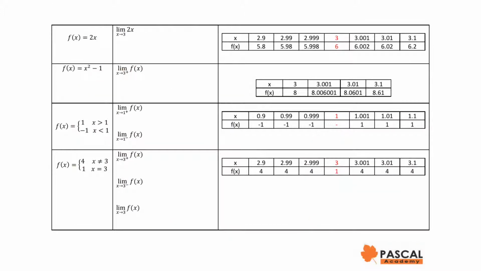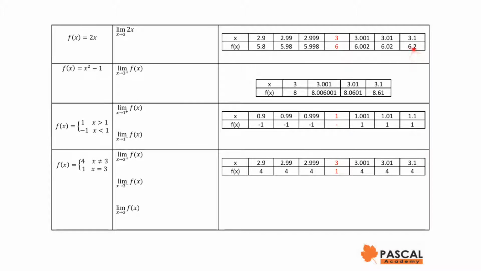Let's have a couple of numerical examples. The first one is limit of f of x when f of x is 2x as x approaches 3. We have a table of values here. We calculated the value of the function at 3.1, 3.01, 3.001 for the right side limit, and the value of the function at 2.9, 2.99, and 2.999 for the left side limit.